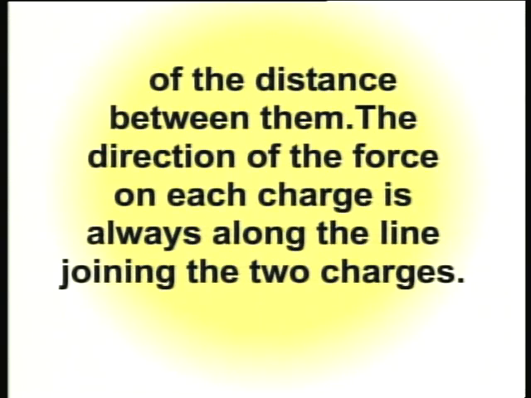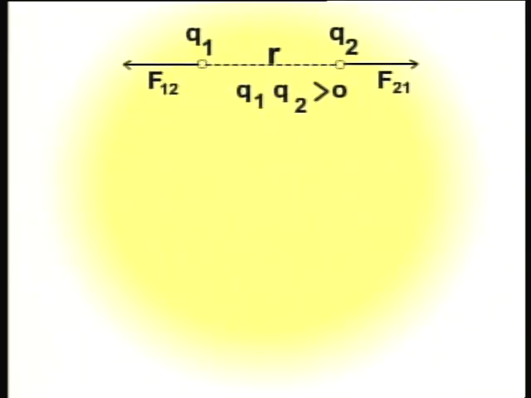The direction of the force on each charge is always along the line joining the two charges. To express Coulomb's law mathematically, let us consider two point charges, Q1 and Q2.